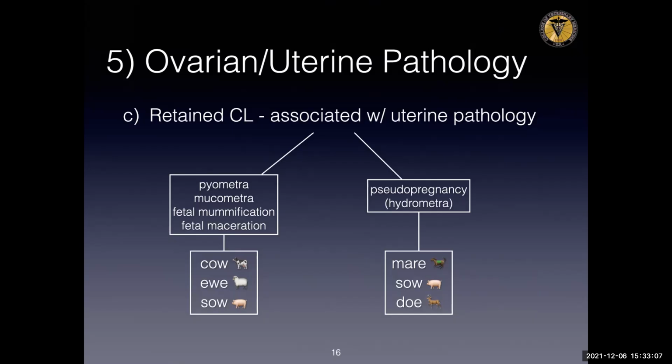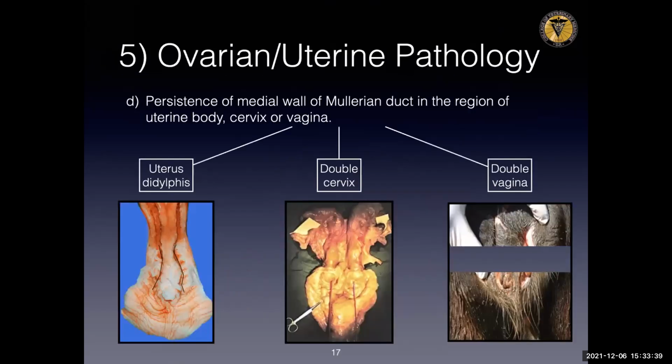So imagine the initial body weight of the doe was 45 kilograms, and then after treating her, she went down to 29 kilograms. So imagine the weight of the water that's being carried in the uterus. So that's hydrometra or pseudopregnancy.